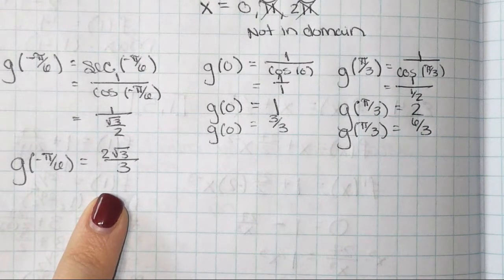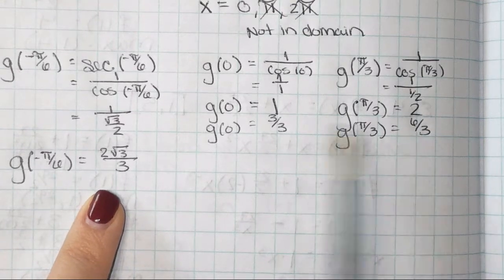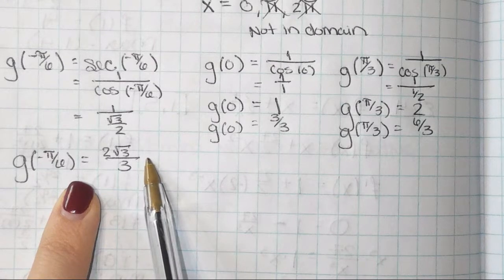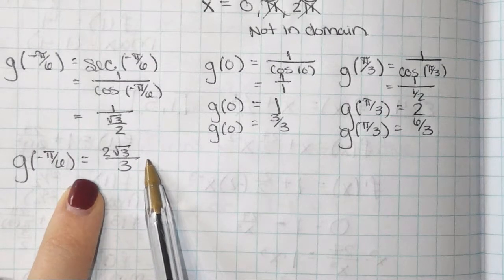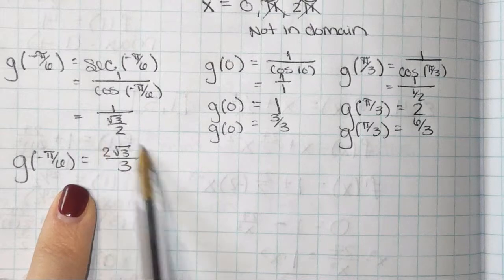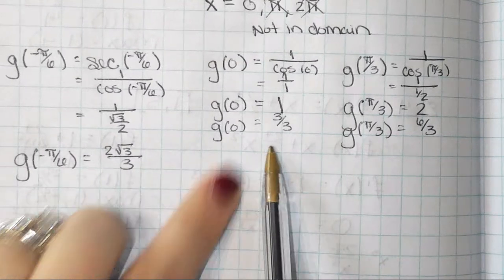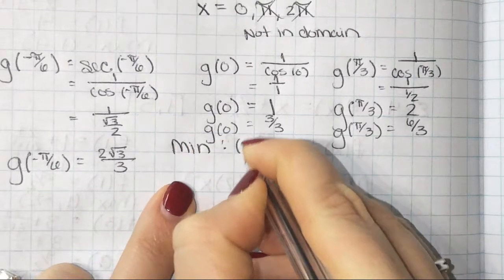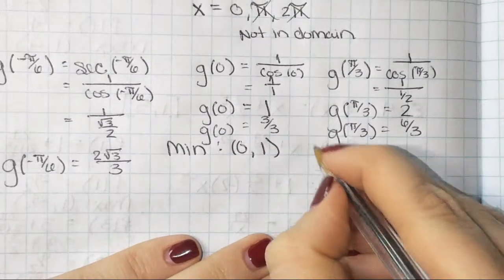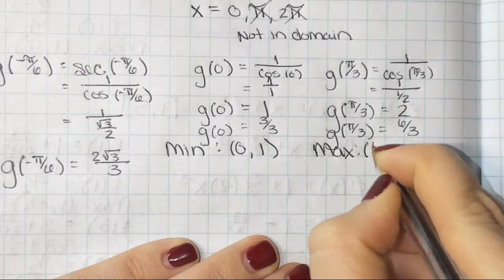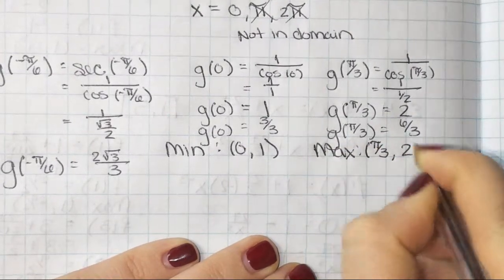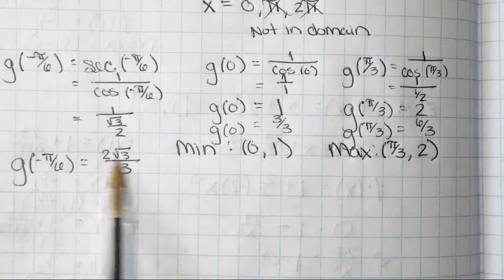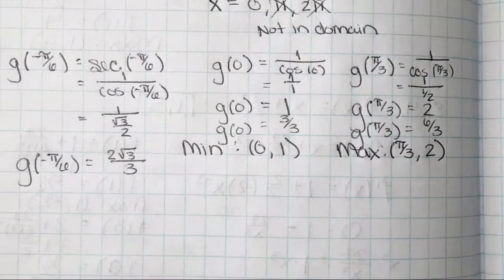Is 3 less than this? It is. Is 6 greater than this? Yes, it is. So your minimum is occurring at (0, 1), and your maximum is occurring at (pi over 3, 2). Again, I just took this step to help me understand how to measure that. You don't have to.